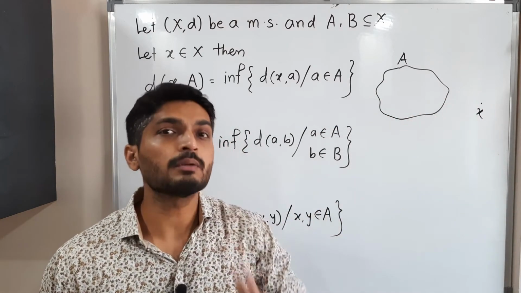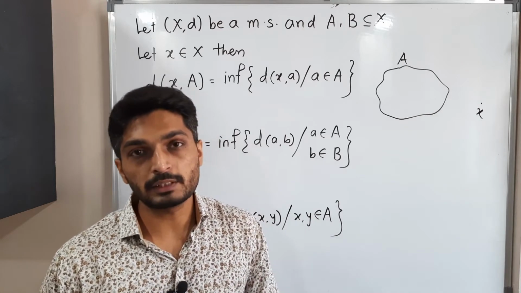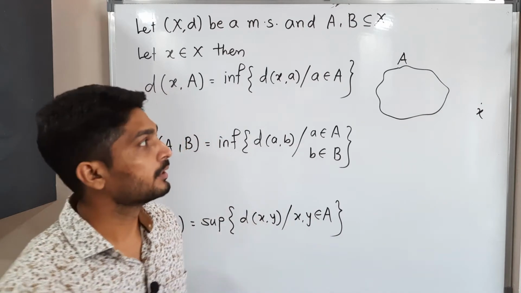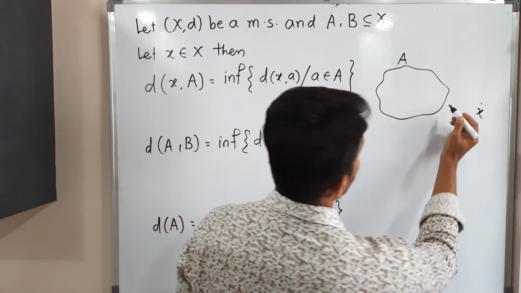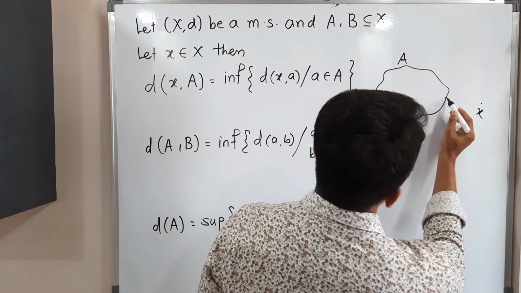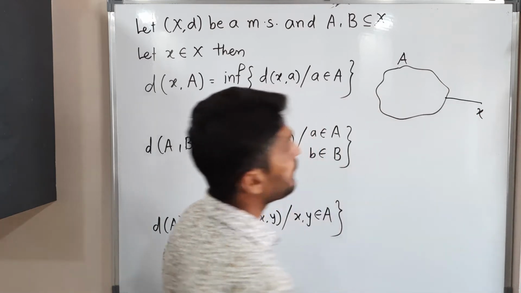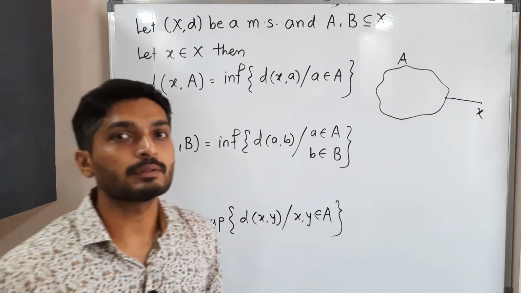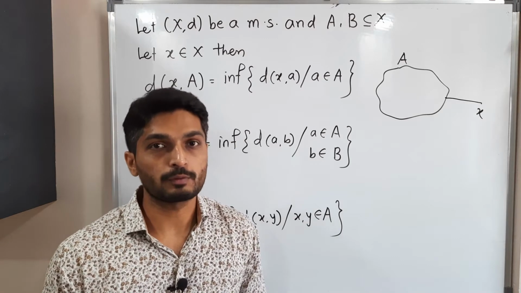Whatever the infimum, minimum distance, that will be the distance of the point from set A. So here you can easily see, if you select a point here of this capital A, then this distance will be minimum or infimum. So this is the distance of a point from a set.